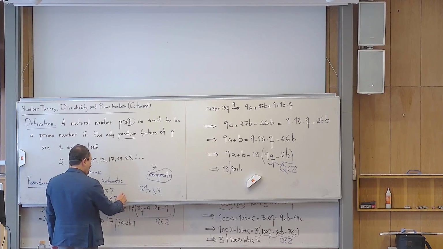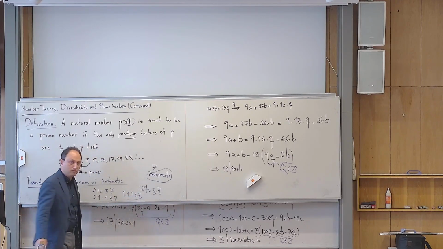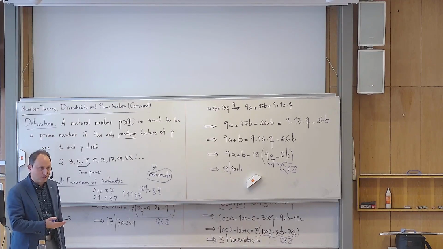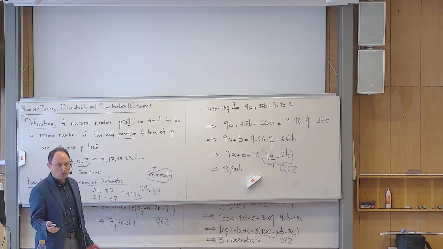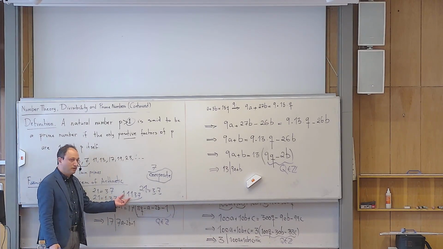Another friend of yours can come up and write 1 times 1 times 1 times 3 times 7. That's also a factorization. Then I cannot talk about the factorization; I have to talk about a factorization. And usually this is not good. If we can make something unique, mathematicians prefer to give a name to a specific concept.